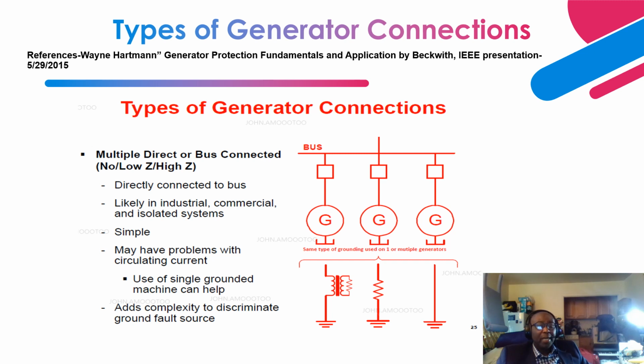And you can have them all connected to a common bus, right? These are usually used in industrial and commercial facilities. Basically, you can have problems of circulating current because of the different grounding schemes. So it is very appropriate that you have a single grounding scheme in such a connection.